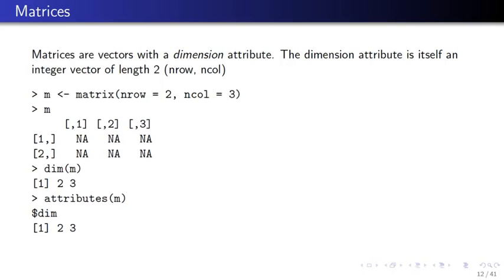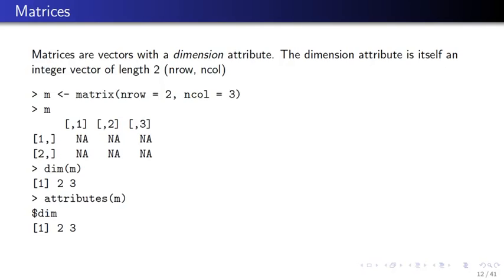When I auto-print the matrix by typing the object M and hitting enter, you'll see that, first of all, the matrix is initialized with NA values, so there are no values in here. And you can see that there are 2 rows and 3 columns, labeled by the numbers in the brackets.